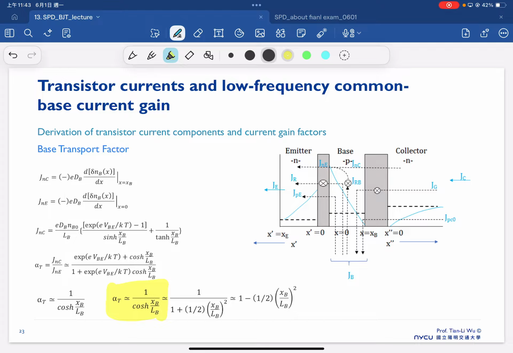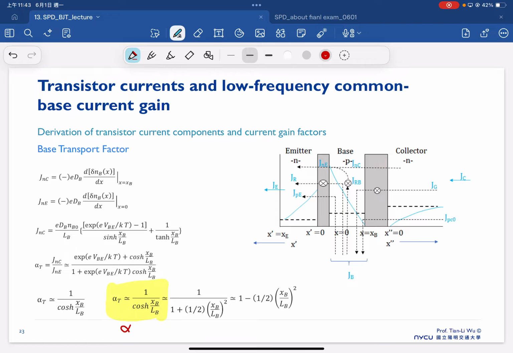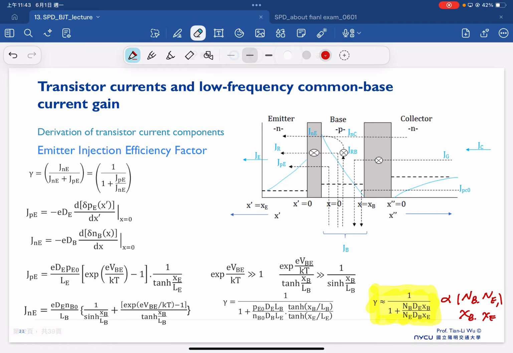And the purpose is we want to know that alpha T is correlated with XB and LB. Sorry, I should not use this symbol. This is not a proportionality. It's just a function of XB and LB.